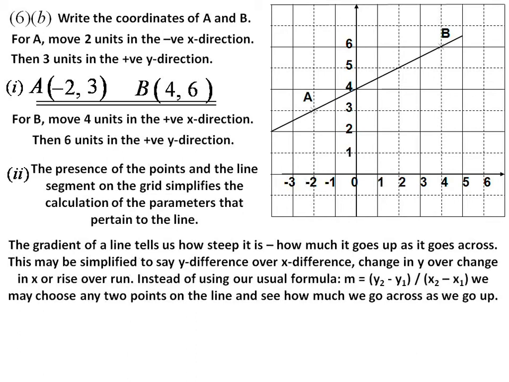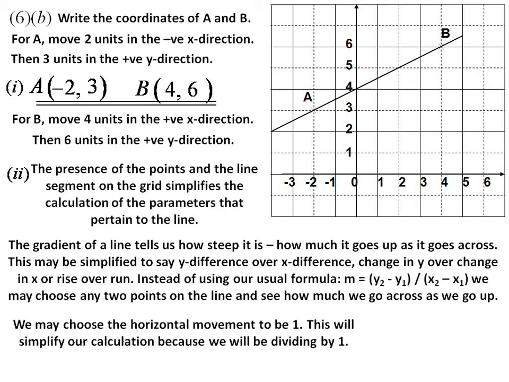So instead of taking the 2 points that we have here and finding the gradient by saying 6 minus 3 over 4 minus negative 2, we have another approach that we may take by using the appearance of the line segment on the grid. We may choose the horizontal movement to be 1.